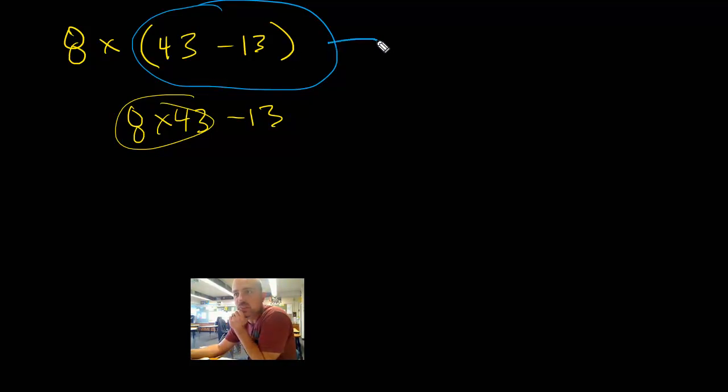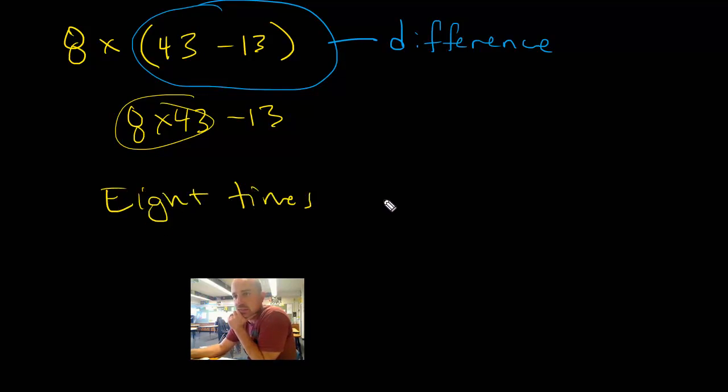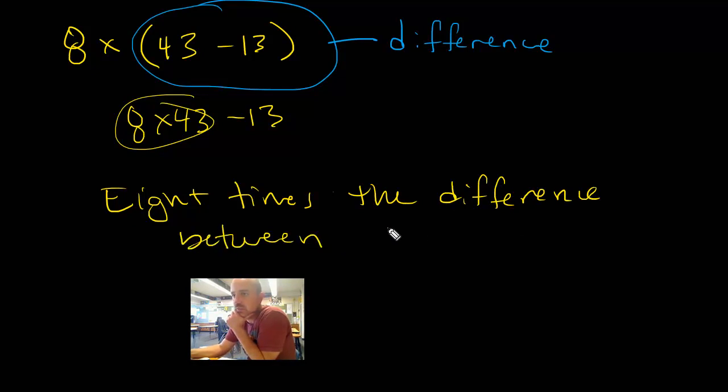We said if we're subtracting, we want to find the difference. So the difference is going to be the one that's going to help me make sure that I do that first. So what I could say would be 8 times, because I'm at 8 times, the difference between 43 and 13.